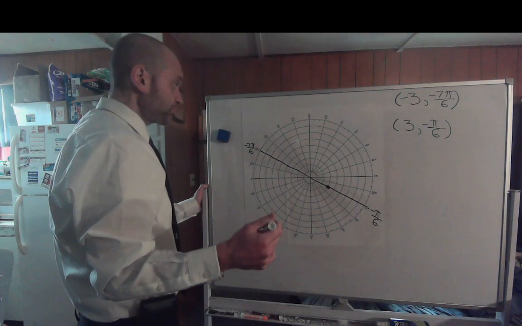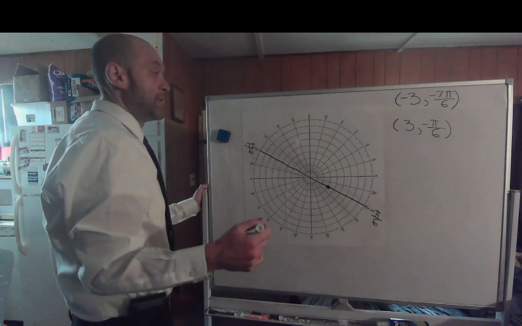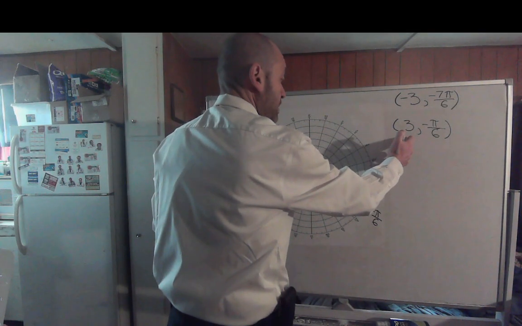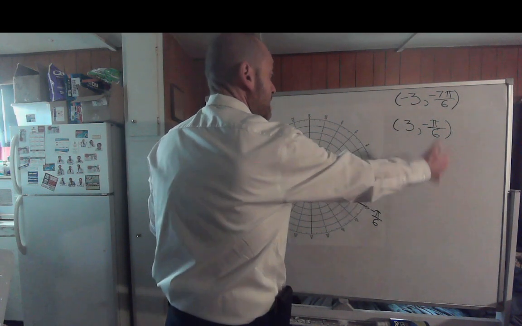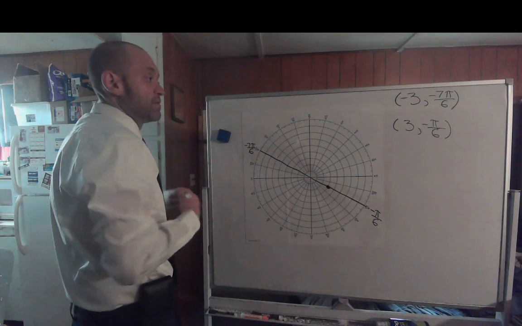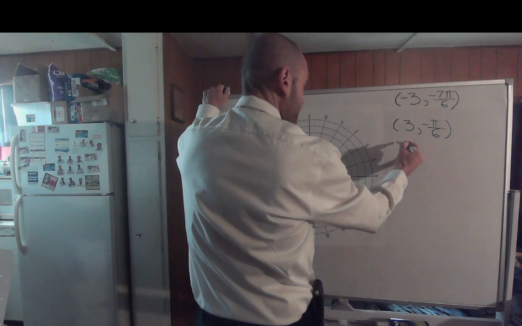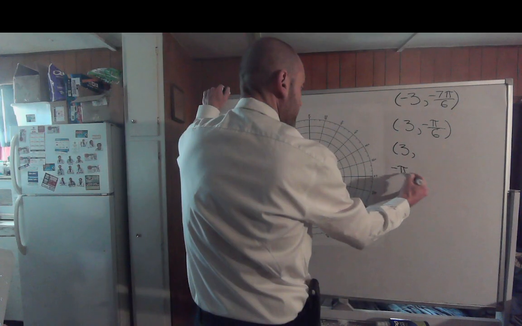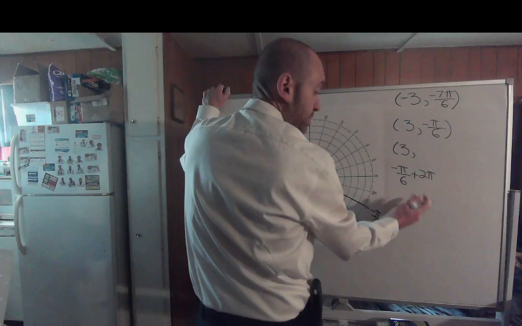Now, what if we want to find, this time we have a positive r, a positive angle equivalent for -π/6? So let's keep our r as 3, but let's take that -π/6 and add 2π to it because we want to find a positive theta.